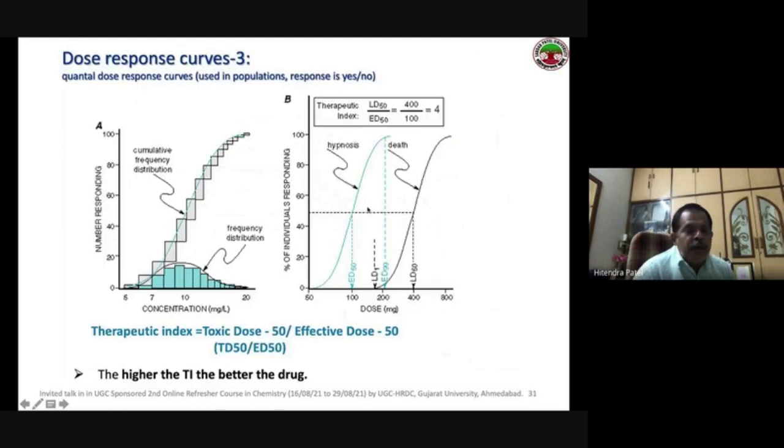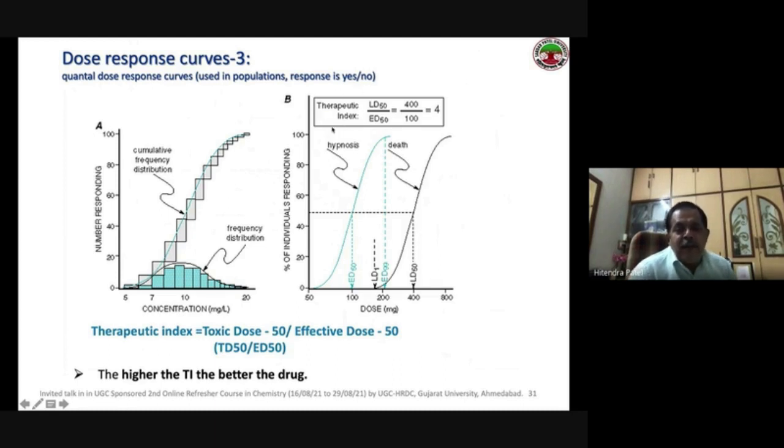Okay, so mainly the dose response curve. So friends, here drug dose response curve. Let us see here. These are the two important diagrams where it clearly indicates the control dose response curve used in the populations, and the response is yes or no. Rather than this one, we will try to see this important thing as the therapeutic index.